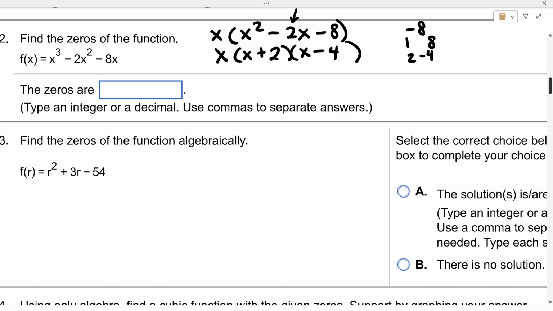So what's the root for this x? If these all equal 0, x equals 0. If x plus 2 equals 0, x equals negative 2. If x minus 4 equals 0, x equals 4. The three roots are 0, negative 2, and 4.